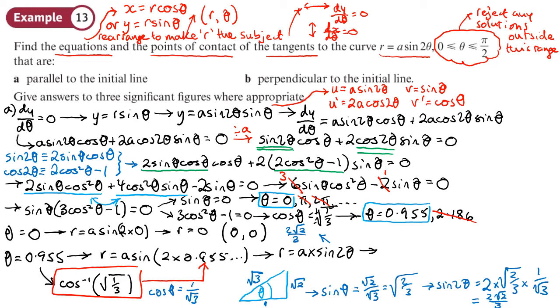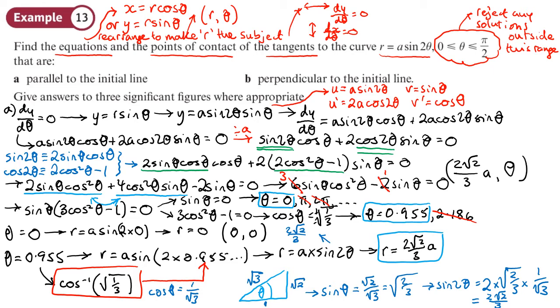So what we'll get is r equals 2 root 2 over 3 a. So now we've got the value of r for this point of contact. So finishing off this part, we haven't got to the equation yet, but the points of contact in the form r, theta are 2 root 2 over 3 a, 0.